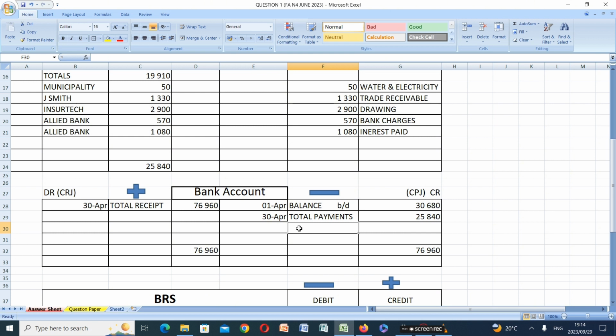So how much is our balance carried down? We're saying this minus all this.